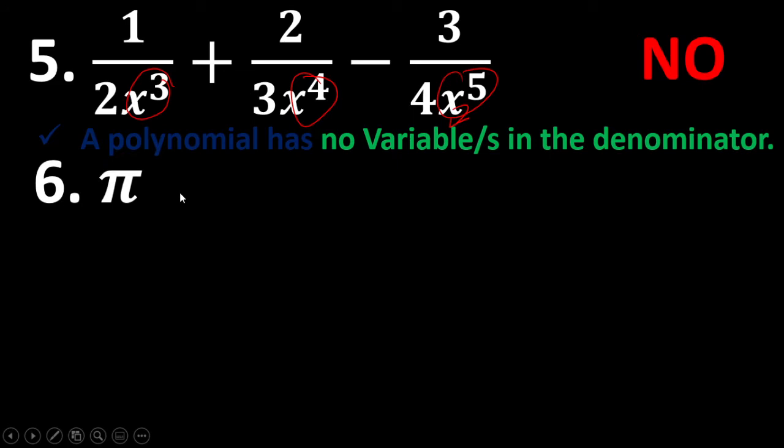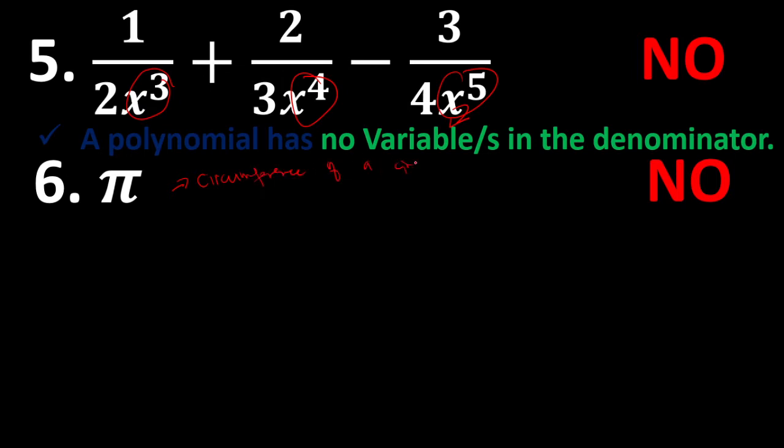Next, how about pi? Is pi considered a polynomial? Actually, no. Why? Because pi is technically a value which involves the circumference of a circle. And what is the reason why it is not a polynomial?